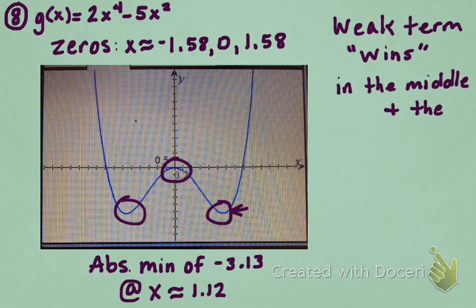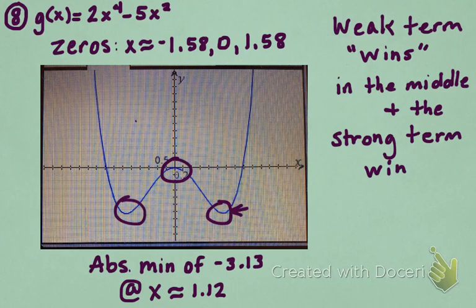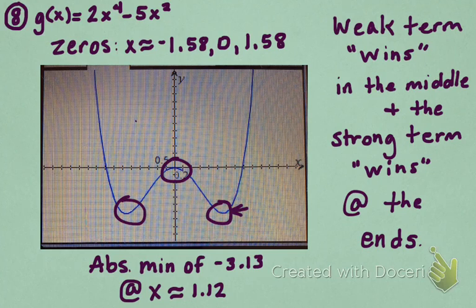And the strong term wins at the ends. The best way to explain what I'm saying is to look at the graph of g of x in the same window with the graph of 2x to the fourth and negative 5x squared.